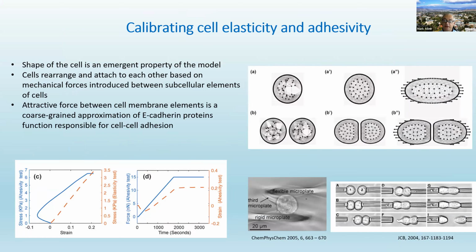And we calibrate mechanical properties of cells by finding ranges for spring constants, for example, describing interaction between nodes, or mechanical properties of a membrane. For adhesivity of cells, that's represented sometimes using springs, sometimes potentials.